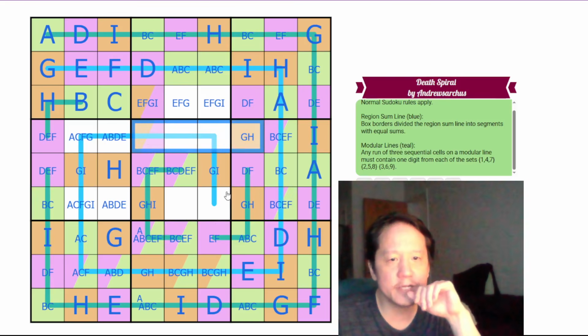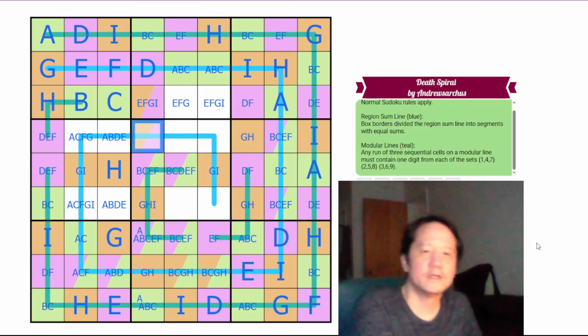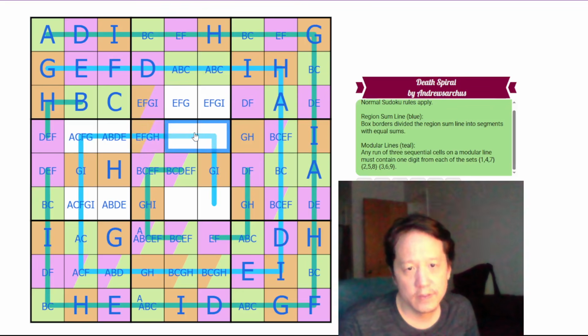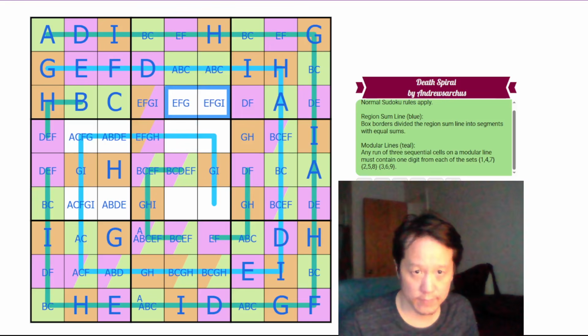Okay, remaining digits of... So this has to be, no D. It's E, F, G, H, no I. These are pink and orange.